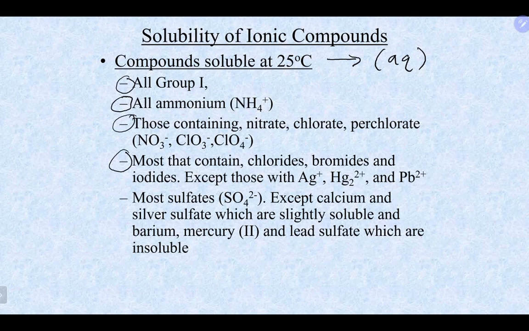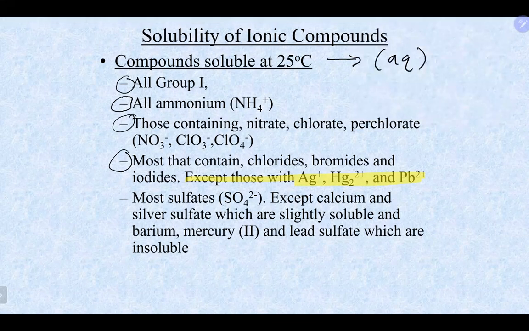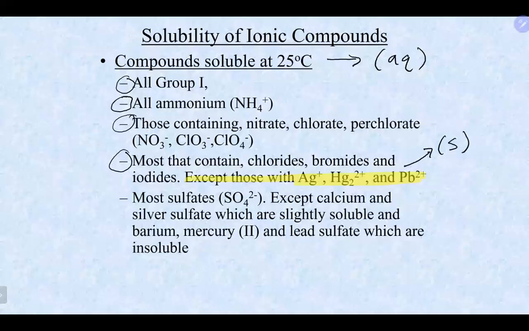But if it happens to be hooked up with one of these three, that is silver, mercury 1, and lead 2, it is an exception, which means instead of being soluble, it's going to be the opposite, it's going to be insoluble. So if we look here, any chloride, bromide, or iodide that has these three will end up getting the solid symbol. Anybody that has chloride, bromide, or iodide that is not containing silver, lead, or mercury will be soluble.